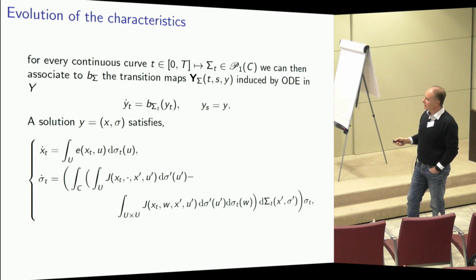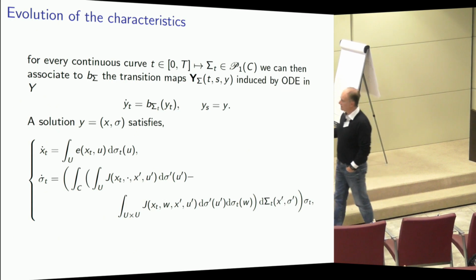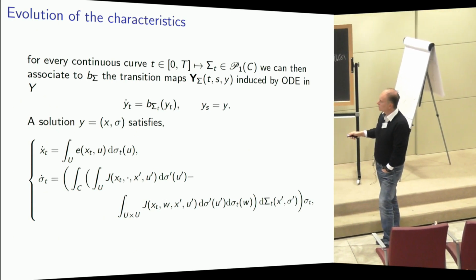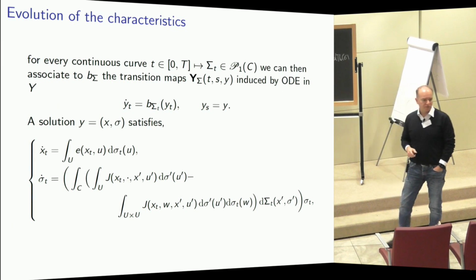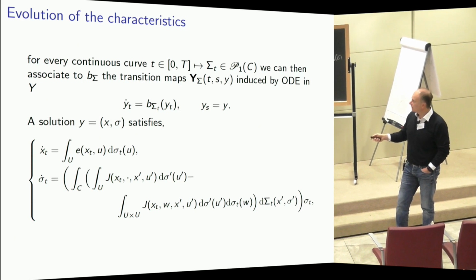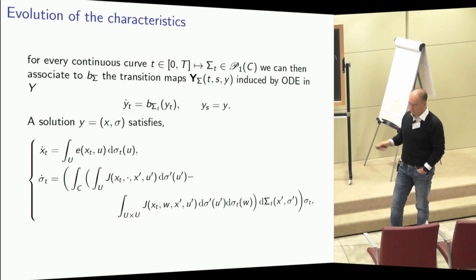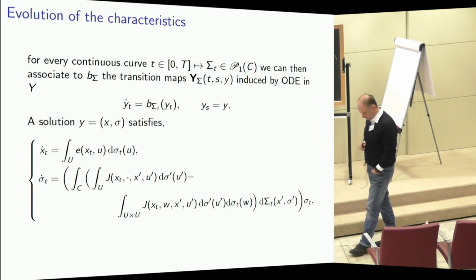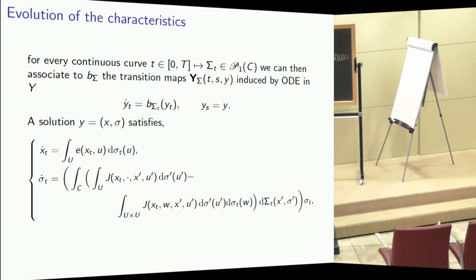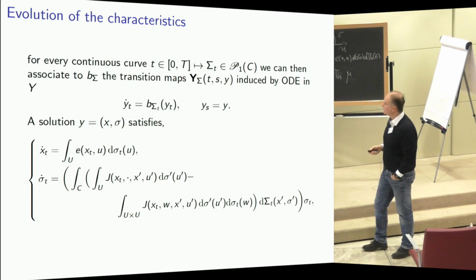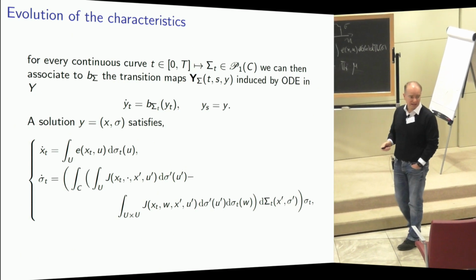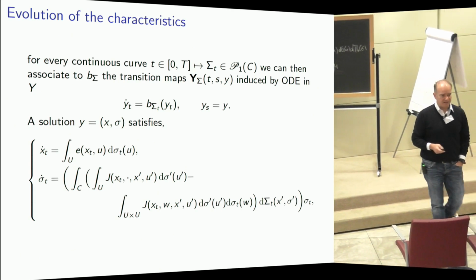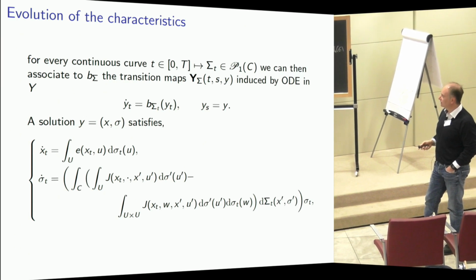And by fixing it, we can consider the evolution of the corresponding characteristics, simply looking at the dynamics of each particle, where here now we consider the evolution not anymore in a stochastic sense, but as a sort of average player evolution. And here the corresponding replicator dynamics for one mixed strategy, and you can look at this as an ODE in the Banach space that we are interested in.